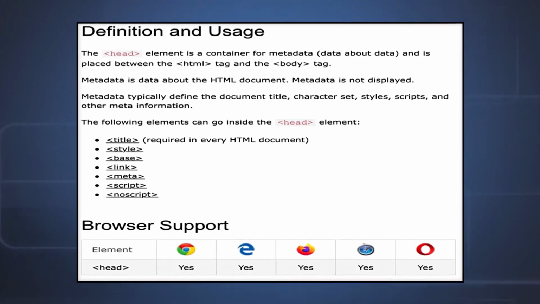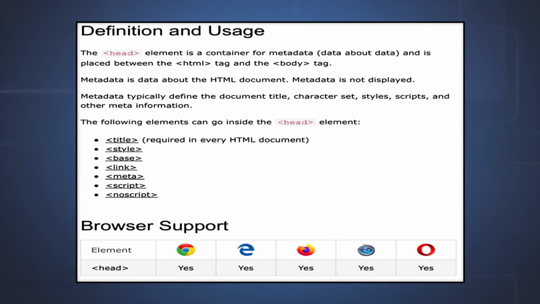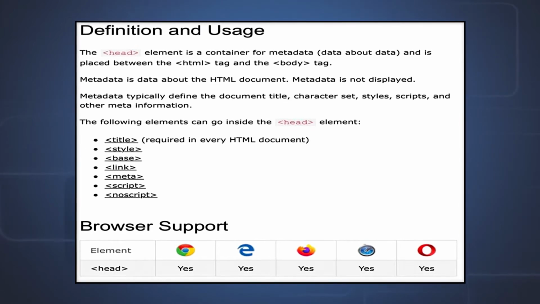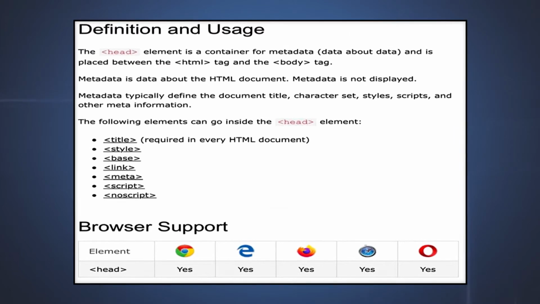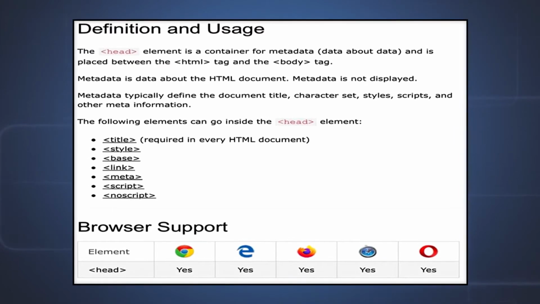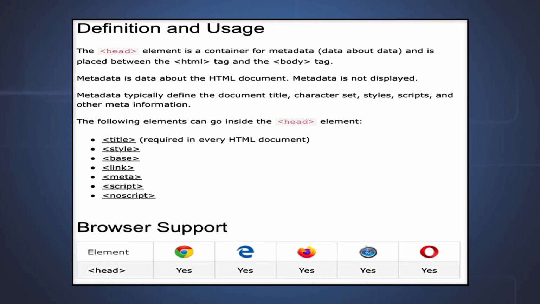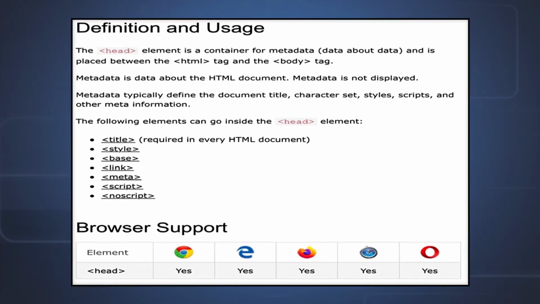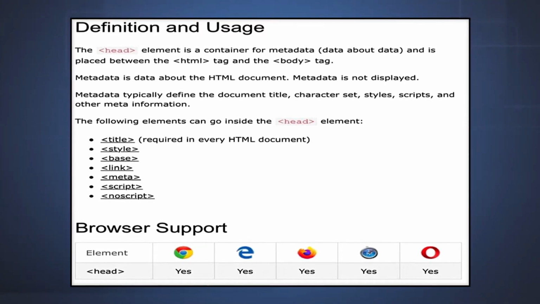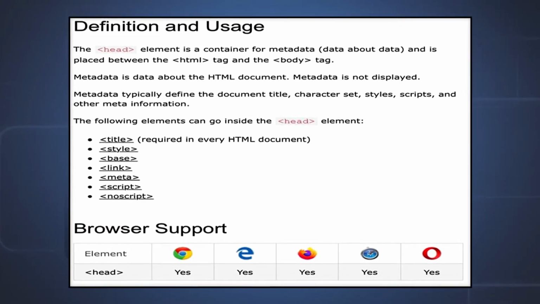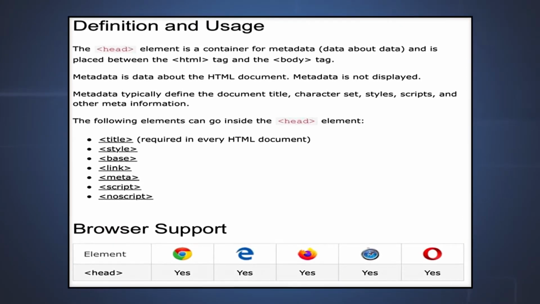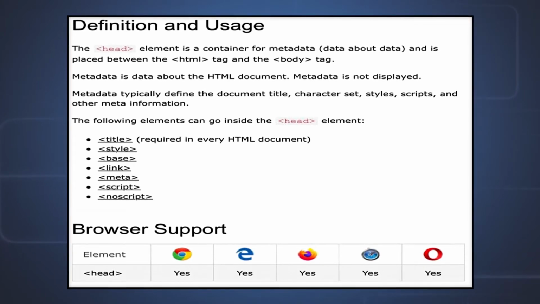Then there are many elements that can go into the HTML's head element. They are title, it is required in every HTML document, then style tag, base, link, meta, script, noscript. All these elements go inside the head tag, and head tag is having a very wider support from the browsers.